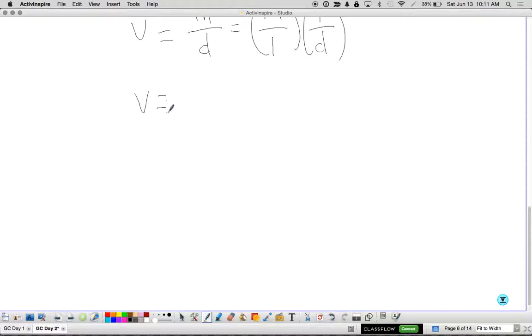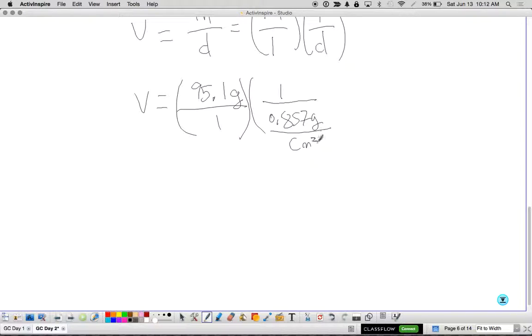So volume equals mass over 1 times 1 over density, and then I can start plugging numbers in. Volume equals mass, which is 95.1 grams, over 1, times the density. The density is going to be interesting. This is 0.857 grams over centimeters cubed.